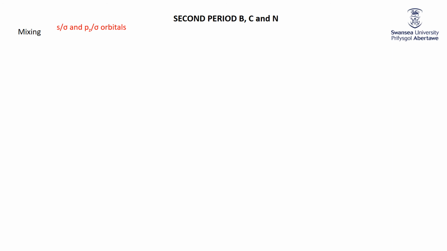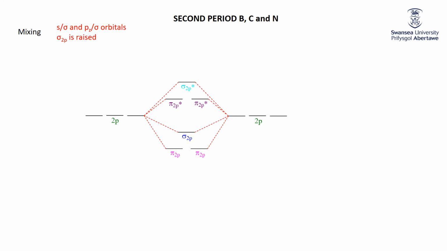Now, this affects the energy levels quite a bit. The one we're most interested in is that the energy of the sigma 2p orbital is raised such that it goes above the pi 2p. So when you're dealing with boron, carbon, and nitrogen, because the 2p and the 2s are relatively close in energy, the sigma 2p goes up.